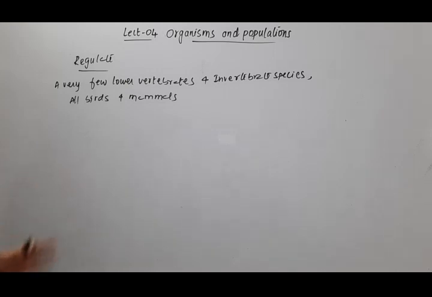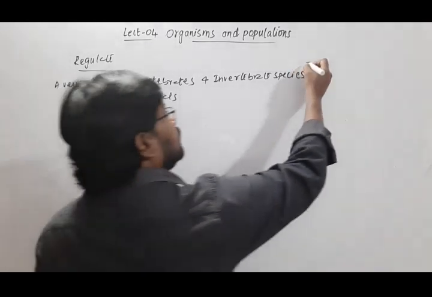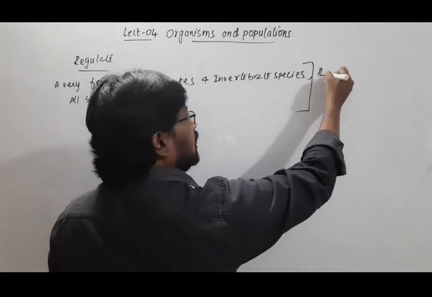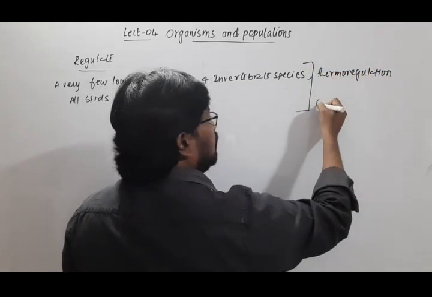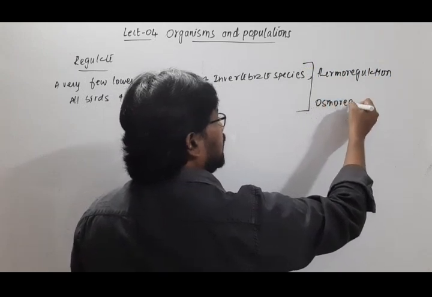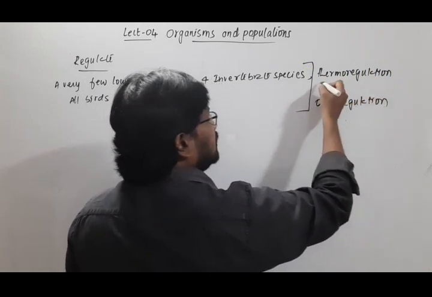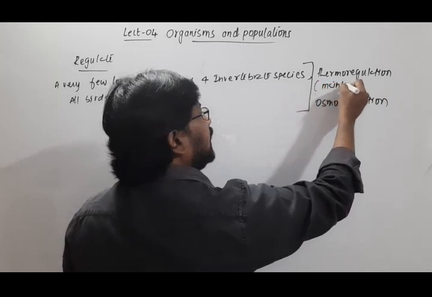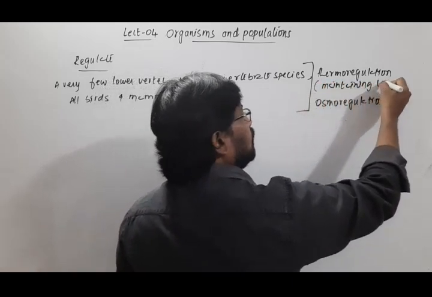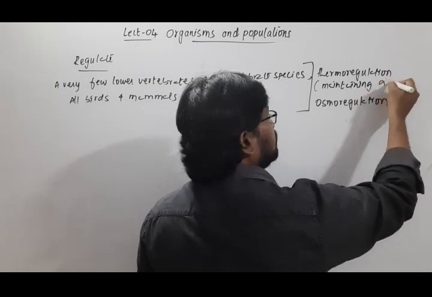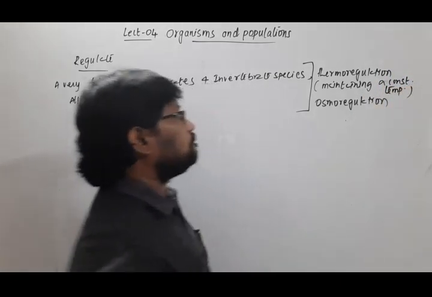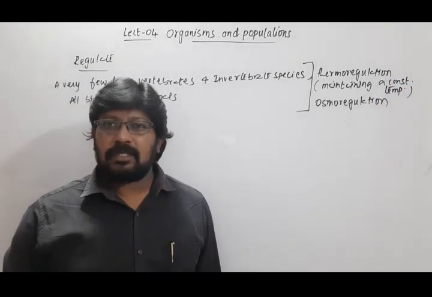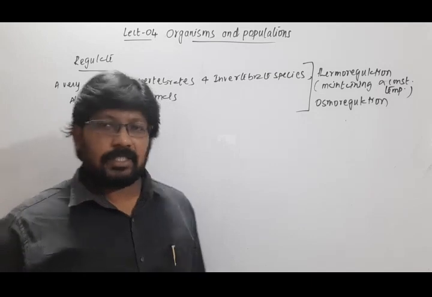Such regulation, I'm going to talk about in terms of two things: thermoregulation and osmoregulation. Thermoregulation is maintaining a constant temperature, so birds and mammals are able to maintain a constant temperature.